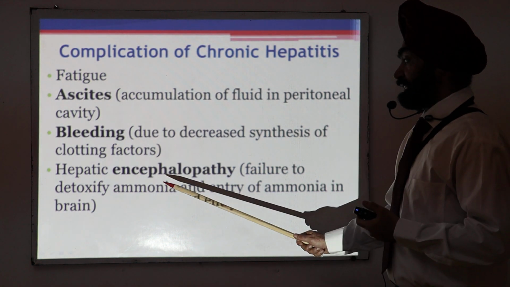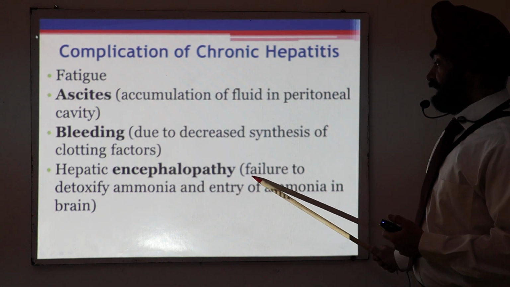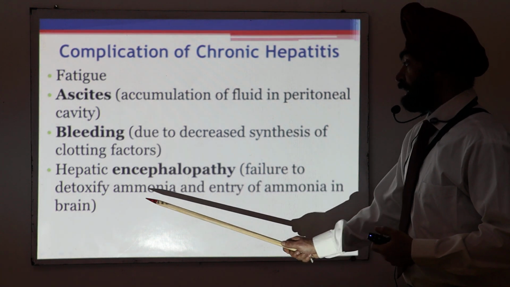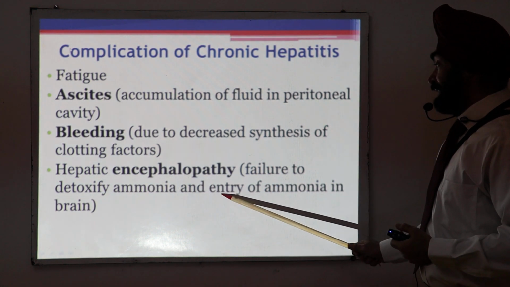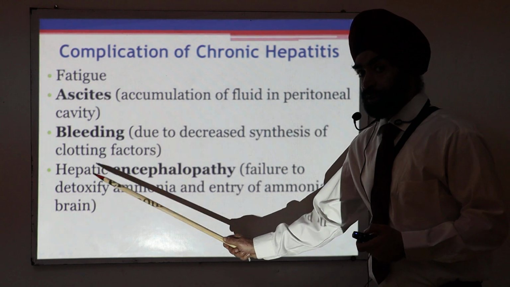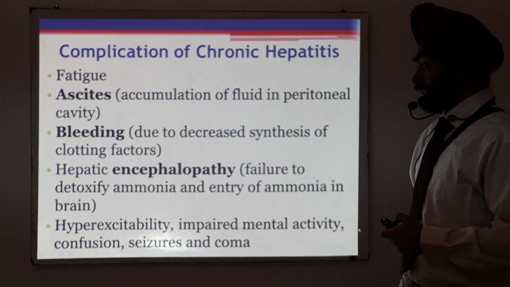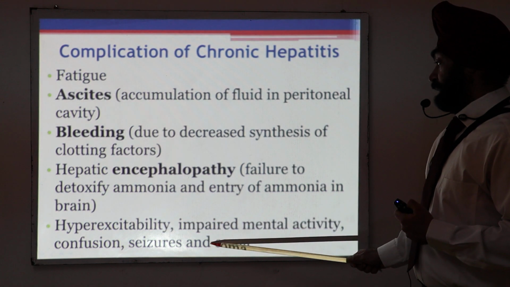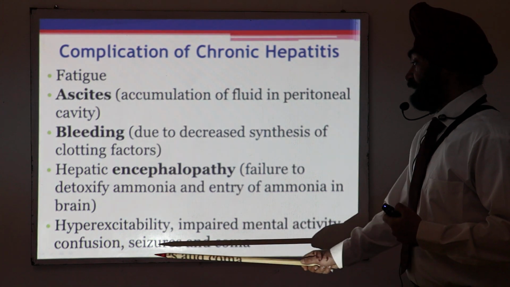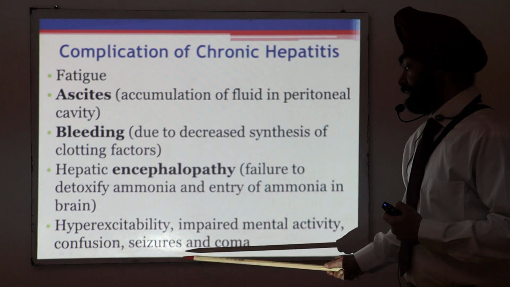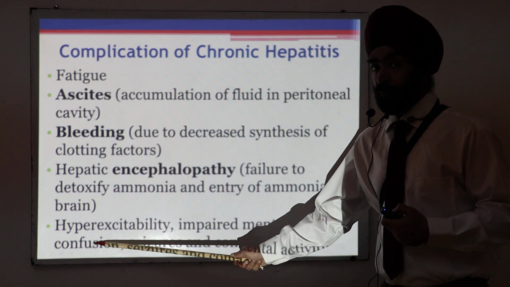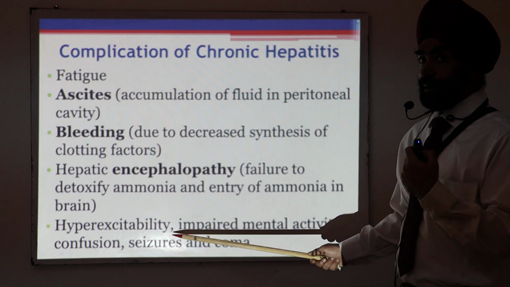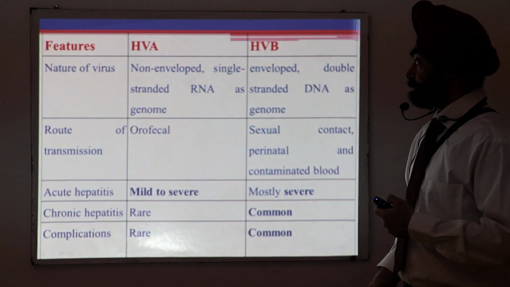That is called encephalopathy. That means failure of the liver to detoxify ammonia and entry of ammonia in the brain to produce brain disease. Some other symptoms: hyperexcitability of the person, impaired mental activity, confusion, seizures, epilepsy and coma. These are the extreme symptoms that may happen in chronic hepatitis.